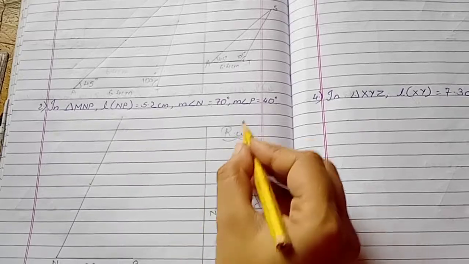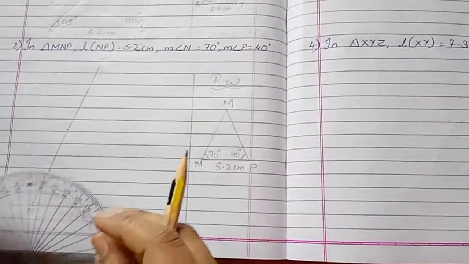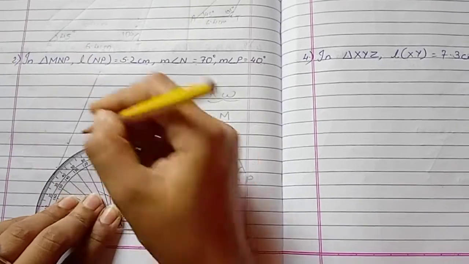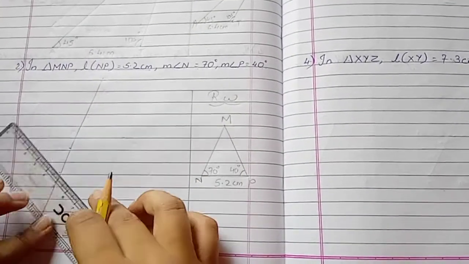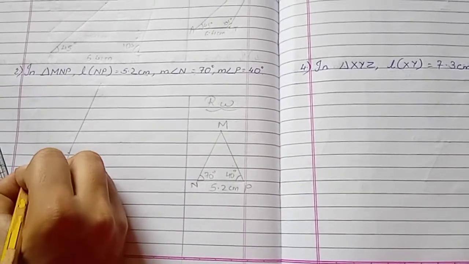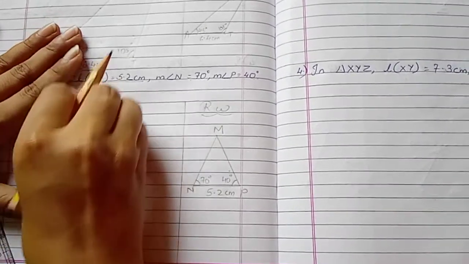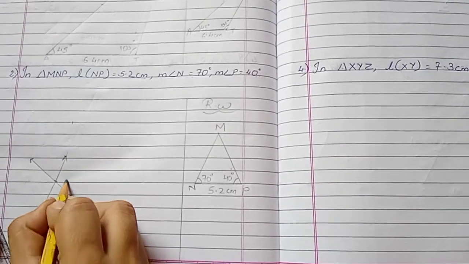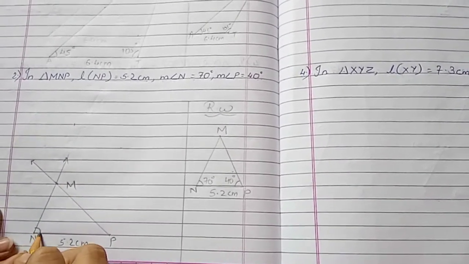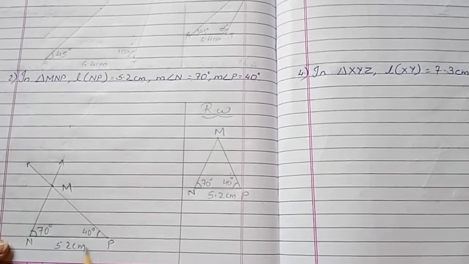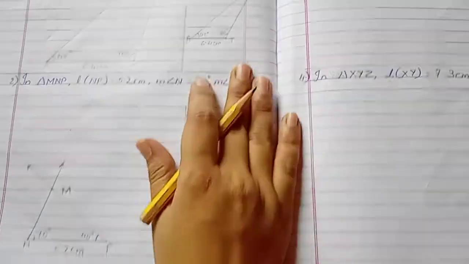Similarly, I will do it with P. Measure angle P is 40 degrees. So from here I am taking 40 degrees. So this is the point which has come, that is M. So here N is 70 degrees, P is 40 degrees. So this is how our triangle looks.